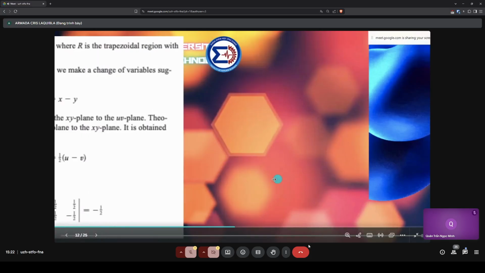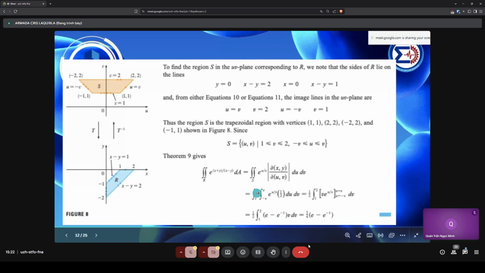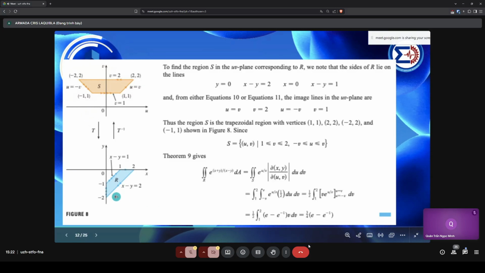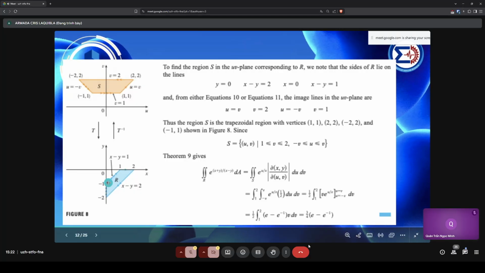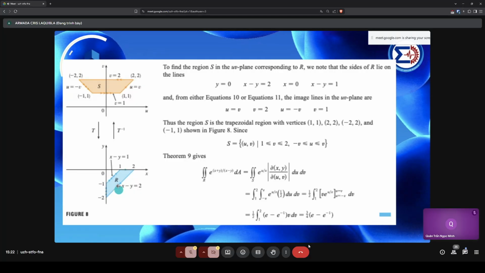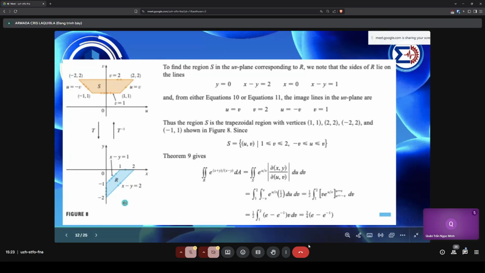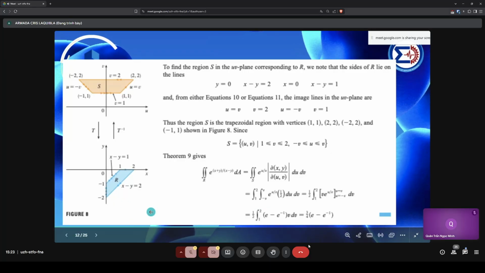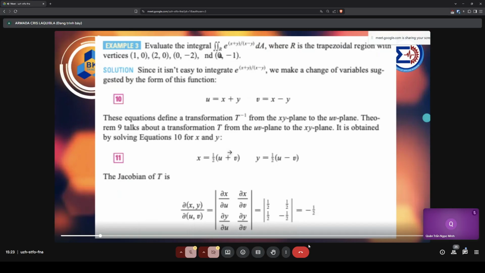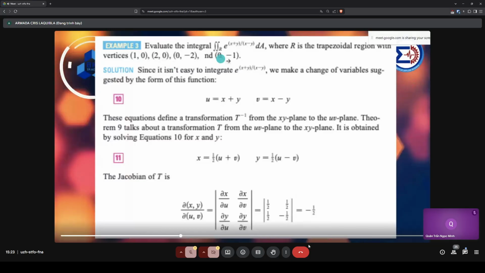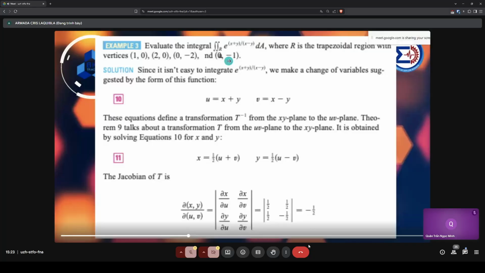So go back. For the region S, your region R is bounded by this one, correct? Okay, where we got this? You go here. You have these points, class: 1, 0, 2, 0, 0, -2, and 0, -1.